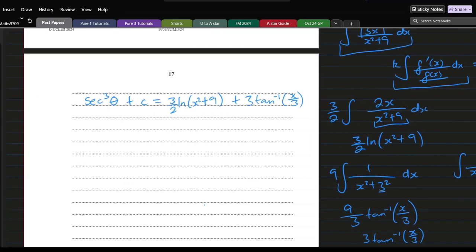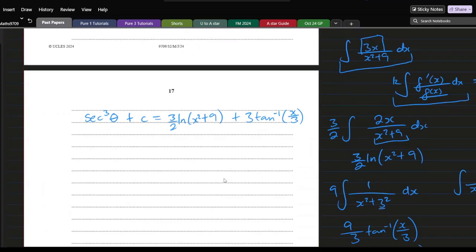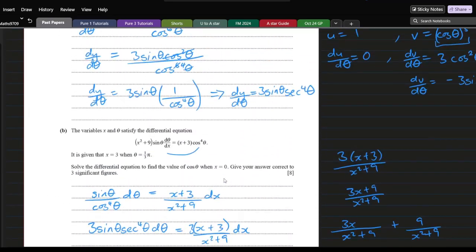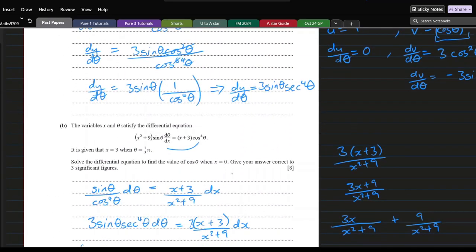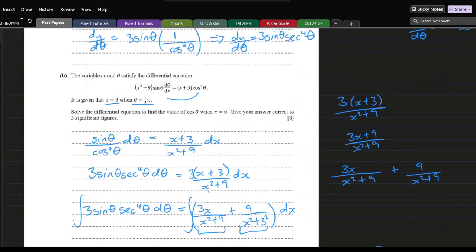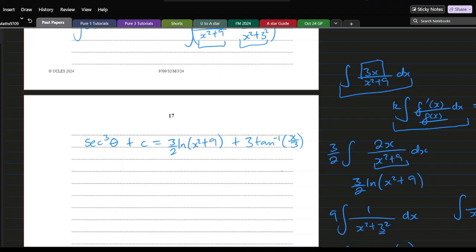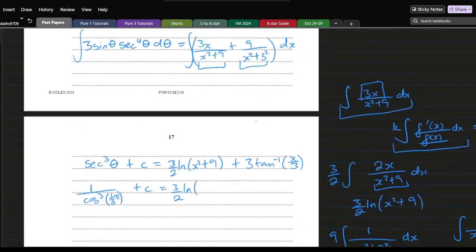Okay, so this is our general solution. Now we need to evaluate c. We are told that x is 3 when theta is a third pi, so we can use that information. So sec cubed theta is 1 over cos cubed theta, and we are told that theta is a third pi, plus c is equal to 3 over 2 ln, what is x? x is 3.